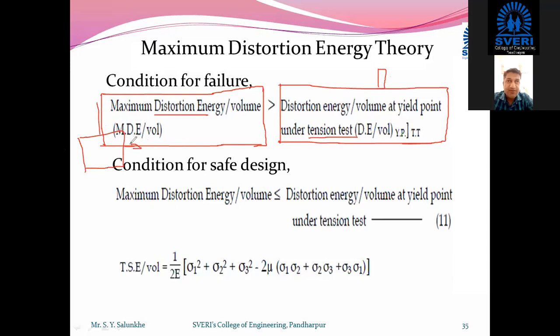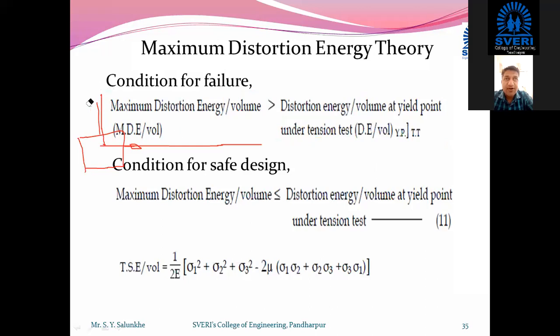So first of all, we calculate the uniaxial distortion energy from the tensile test, and compare it with the theoretical one. Then we'll check how the graph looks by means of that equation, and decide whether this theory is suitable and applicable, or whether it is like the third theory, which is practically not implemented.